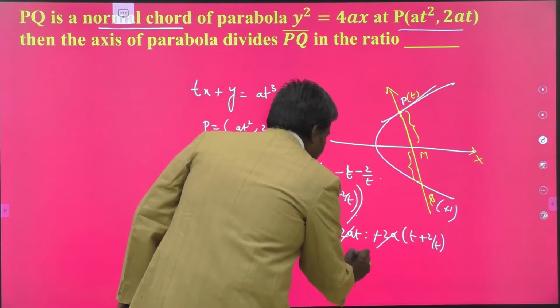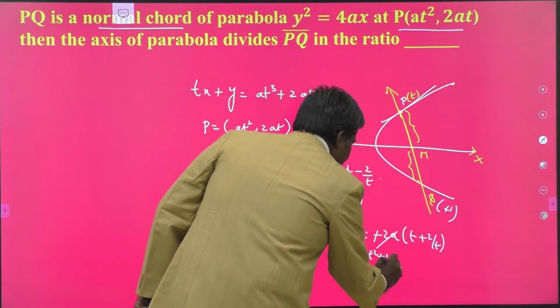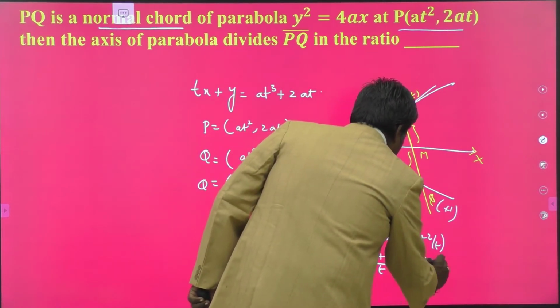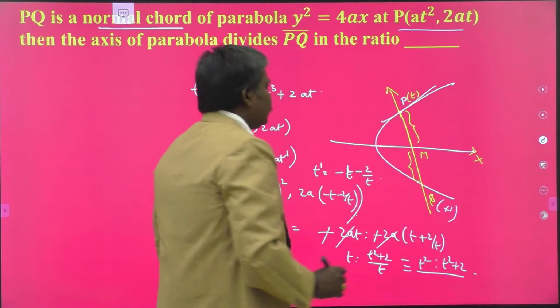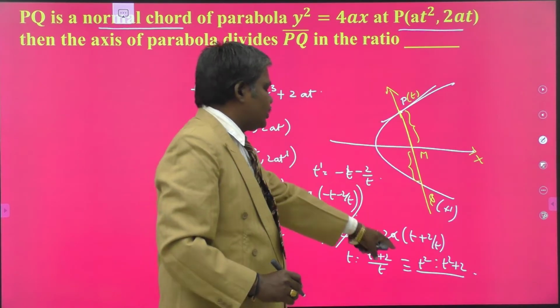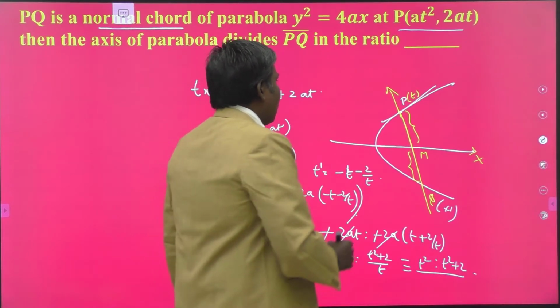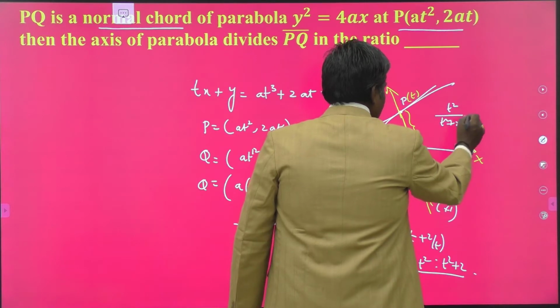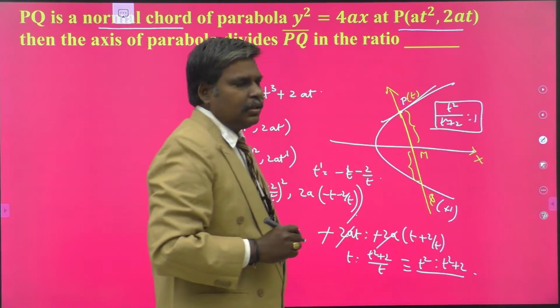Therefore the ratio is nothing but t is to t square plus 2 by t, or it is equivalent to t square is to t square plus 2. Therefore your x-axis divides PQ in the ratio t square is to t square plus 2, or you may write t square by t square plus 2 is to 1. This is the final answer.